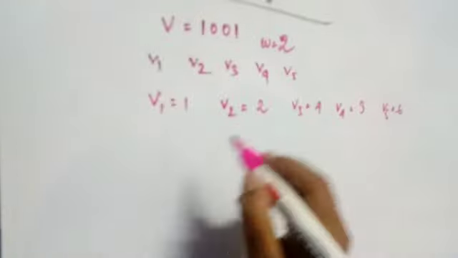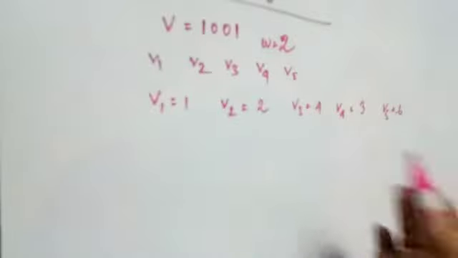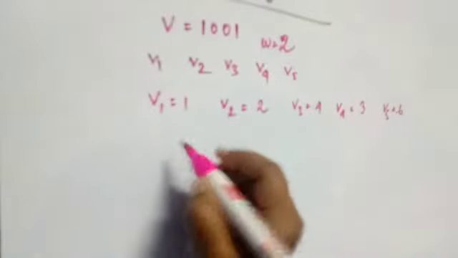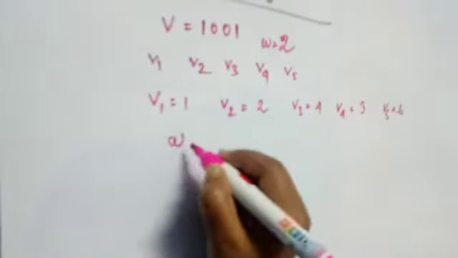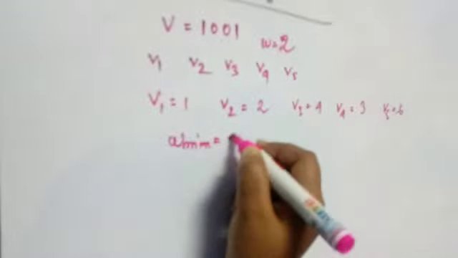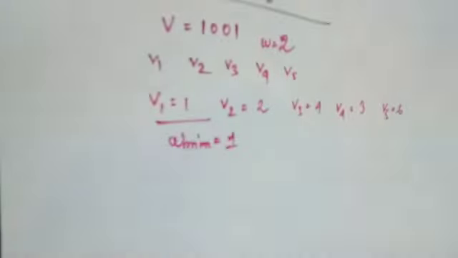Then the minimum weight for that code, w min, is 1, which is the least weight for that code.